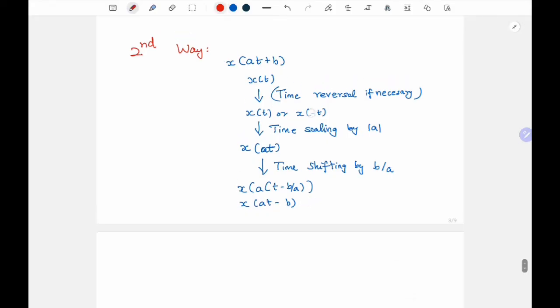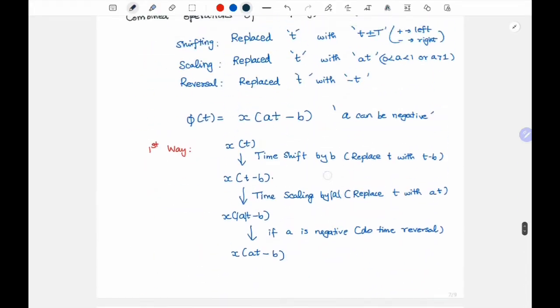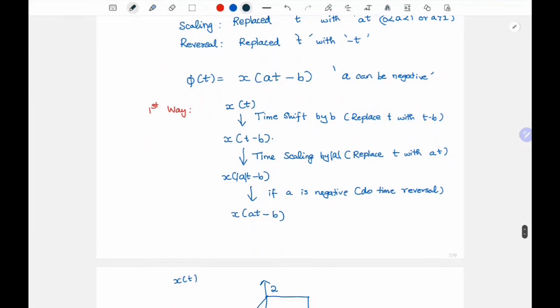So you can combine these two steps, right? And you can just call it time scaling by a. Here also you can do the same. You can combine both steps and call it time scaling by a.